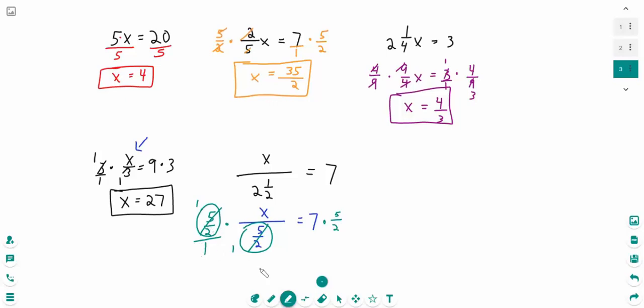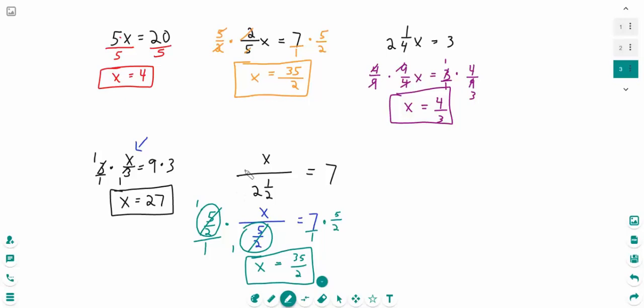We end up with a 1x, which is just going to be an x on this side, and then equals, now here again we have to put this over 1, and now we can't cross cancel anything, so in the numerator we have 7 times 5 is 35. In the denominator we have 1 times 2, which is 2, so we end up with x equals 35 over 2.